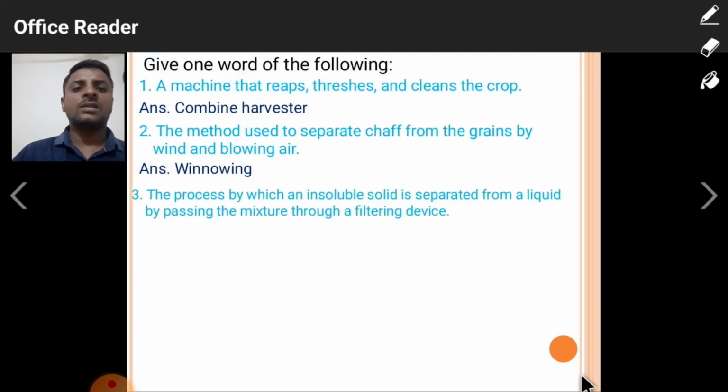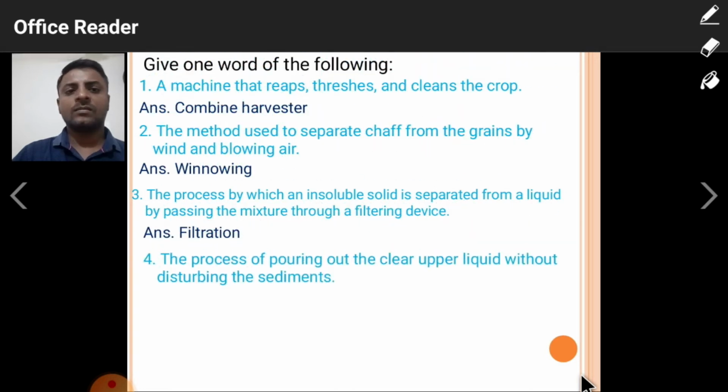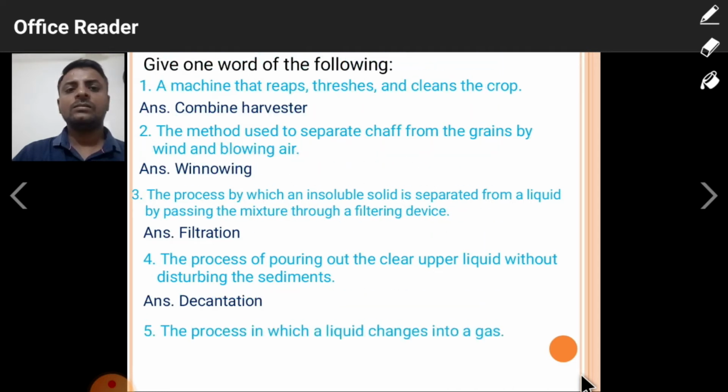The process by which an insoluble solid is separated from a liquid by passing the mixture through a filtering device is called filtration. The process of pouring out the clear upper liquid without disturbing the sediments is called decantation. The process in which a liquid changes into gas is called evaporation.